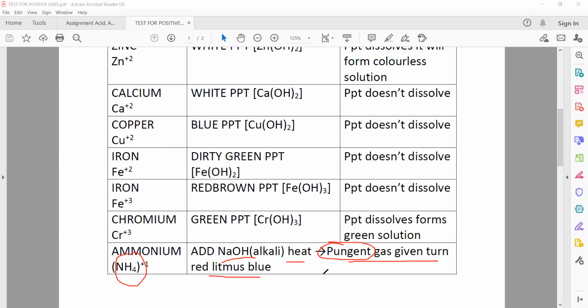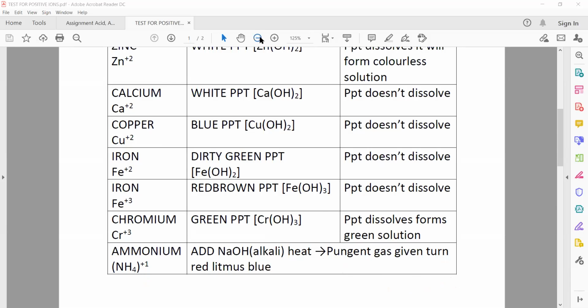Ammonia is the gas. Nitrogen does not have any effect on litmus paper. Ammonia is the only alkaline gas which can turn red litmus blue. So this is a test which you have to memorize.